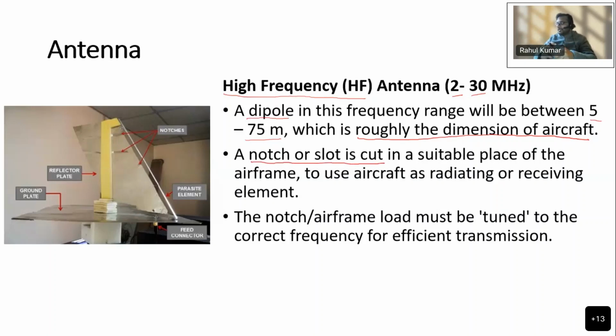Generally you cut the slot at the base of the vertical stabilizer. When a large accelerating voltage is applied through the fuselage, radiation is emitted through these notches. So when you apply a very high oscillating or AC voltage, you get radiation from these notches.